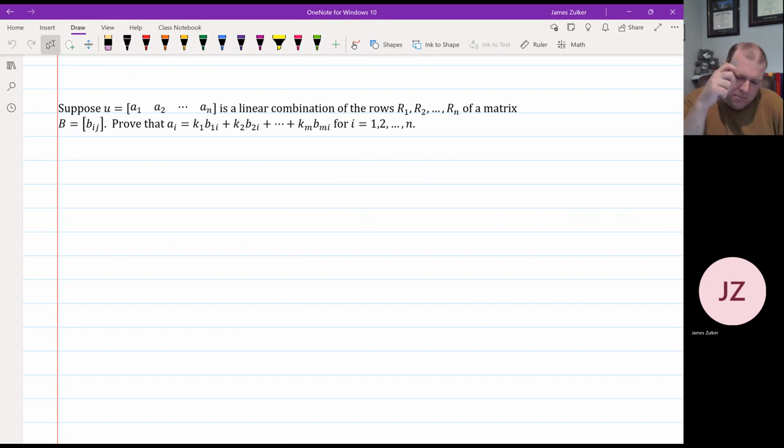Let's suppose that U equals (a1, a2, ..., an) is a linear combination of the rows R1, R2, ..., Rm of a matrix B. We want to prove that a_i is equal to that.